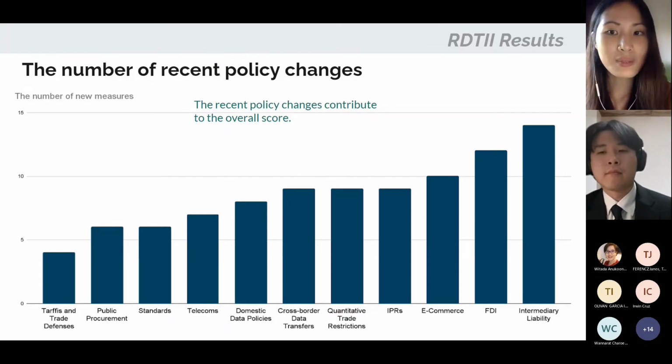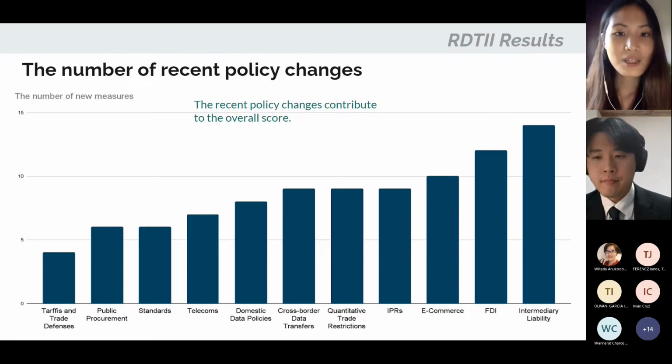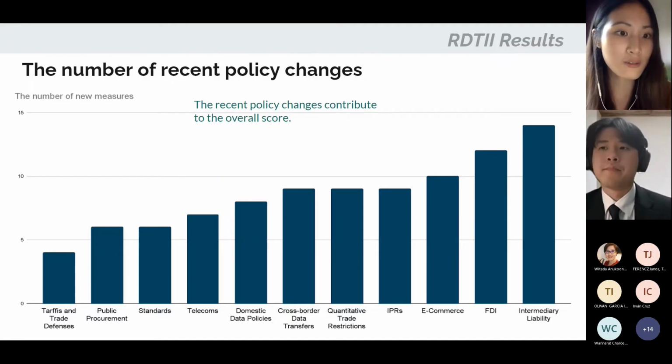This is the most restrictive pillar because economies have imposed the greatest number of restrictions since 2020. From this, it can be suggested that economies have responded to trade in online services and digital content in a protectionist way.